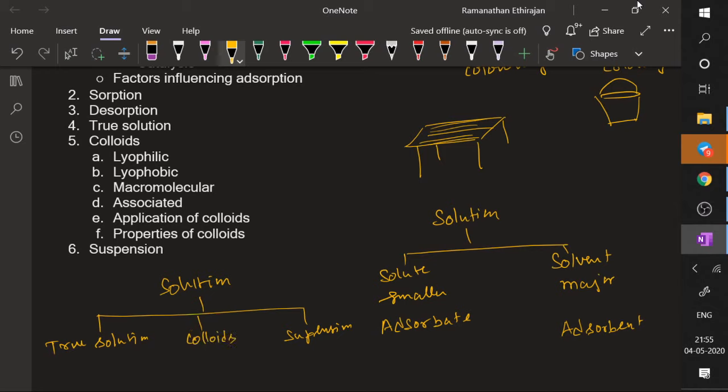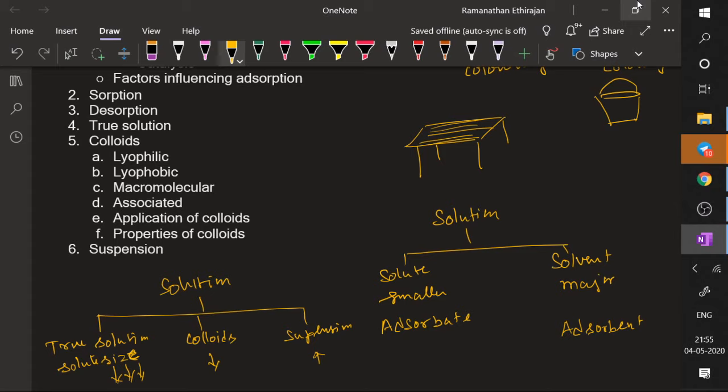Here the size of solute is very less, whereas it is somewhat bigger in suspension, and this is moderate in between, in terms of microns, around a nanometer we can say.